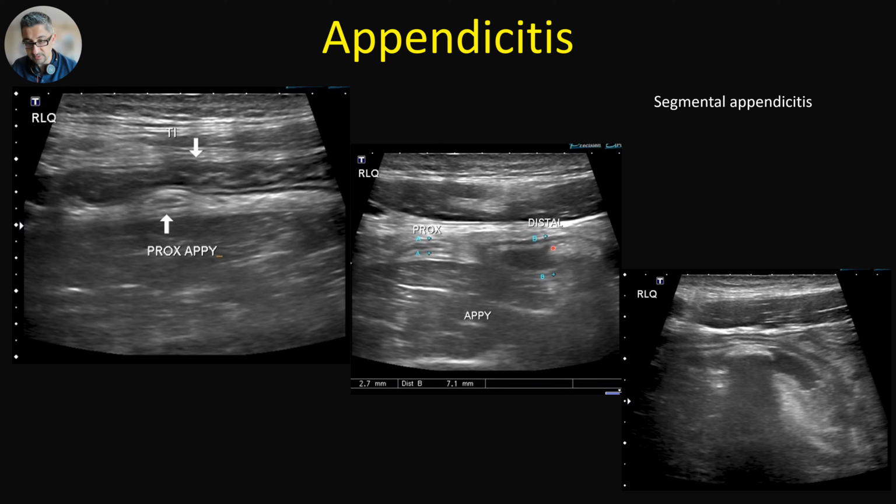The appendicolite is distally located. So this was actually a segmental appendicitis, which was involving only the tip of the appendix. So we should be careful to call normal before seeing the entire course of the appendix.